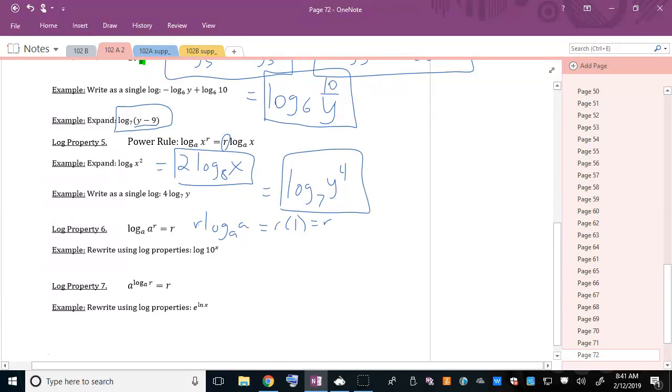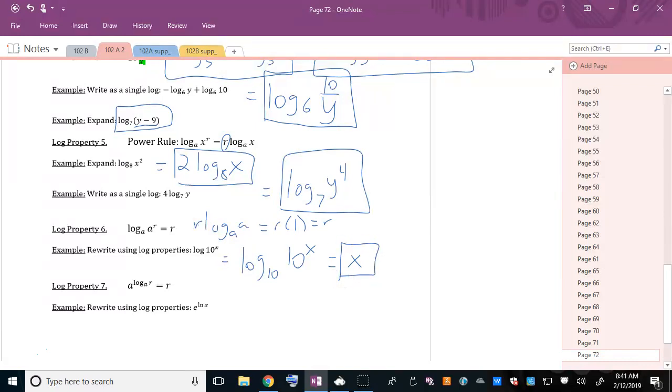Now, remember, if you see just log and no base, I understand that to be log base 10. And at that point, I can see that the base and what I'm taking a log of are the same, so they undo each other. The entire log goes away, and I do get just x.